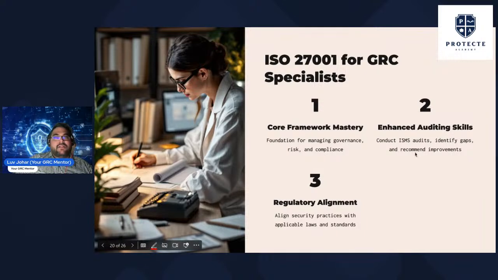Okay, anybody who is in the GRC domain, definitely ISO 27000 is a must. And this is why a lot of people are enrolling with us for the ISO 27001 courses. This is where it helps you the most, because if you aspire to become a GRC domain expert in the next 5 or 10 years, ISO 27001 gives you a better foundation.